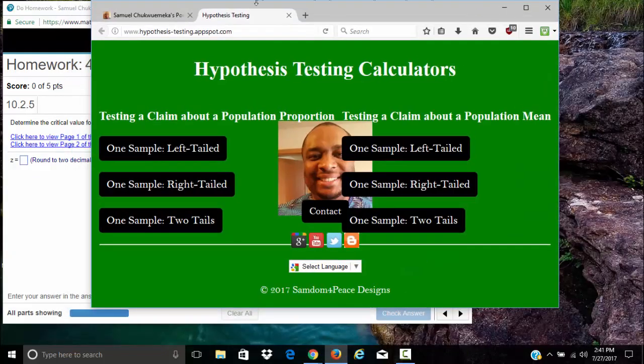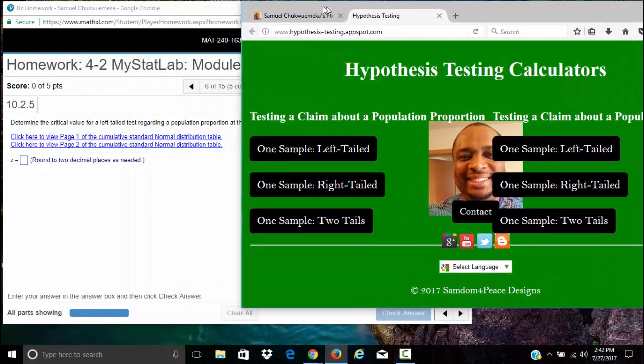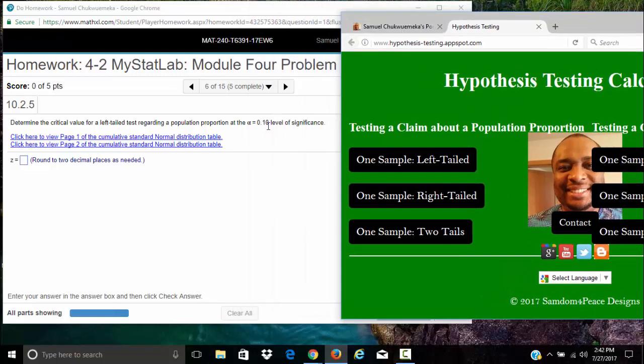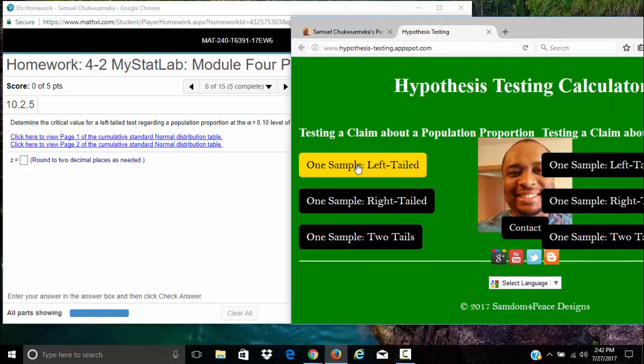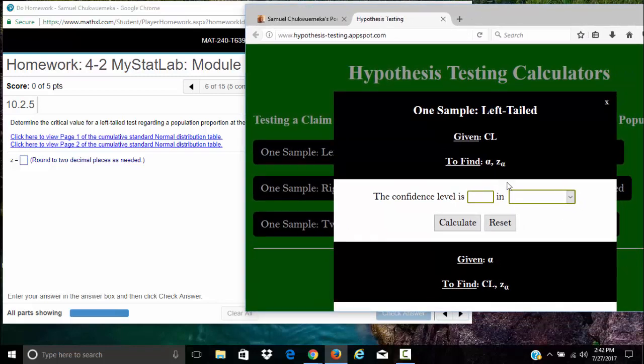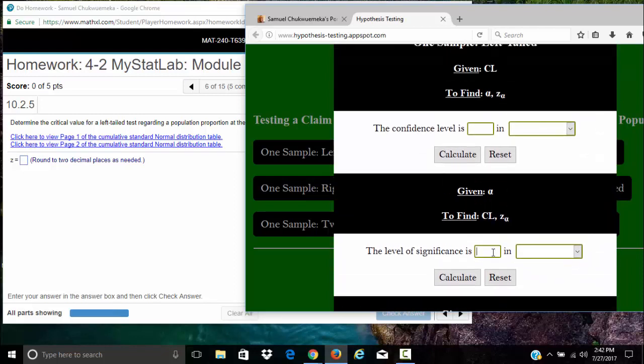One sample left-tailed is what we're going to use, because this is the critical value for a left-tailed test. Level of significance is 0.10. So you come here, one sample left-tailed, and you scroll down here. Level of significance is 0.10.